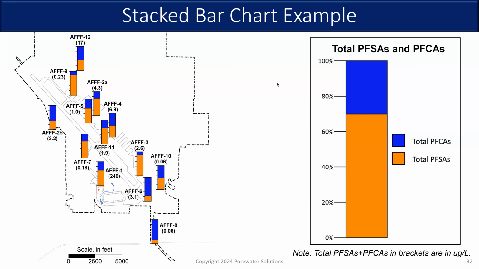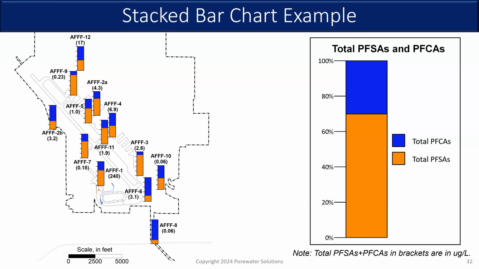And then AFFF-8 near the bottom, there were only 2 compounds detected, but you can see they were clearly mainly the carboxylates. And one thing I wanted to mention with stack bar maps is this is about adding more layers of information. You can see how I've actually got total concentrations, sulfonates plus carboxylates in micrograms per liter, shown in brackets above each bar.